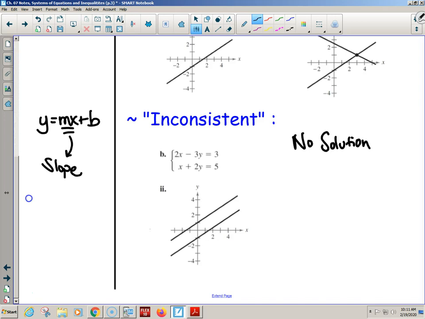But my question is, what if you didn't see a picture? What if you didn't see the slope and you just said, elimination? How is that going to show up? Would you have multiplied everything by a -2? I mean, you could have multiplied by 3 and 2, but that takes too much work. What happens if you tried to do elimination? What if you didn't have a picture? What's it going to look like?